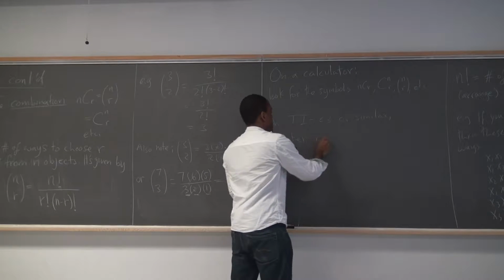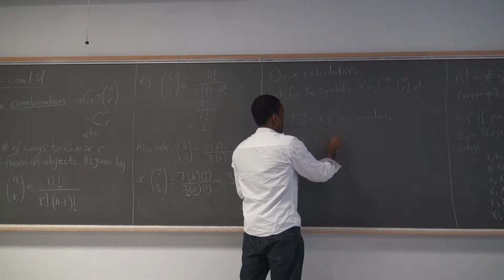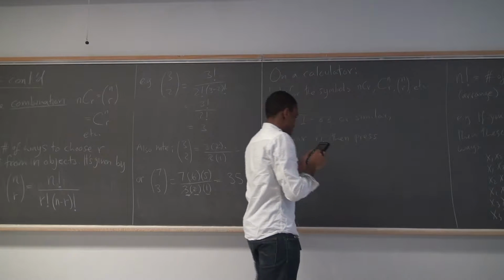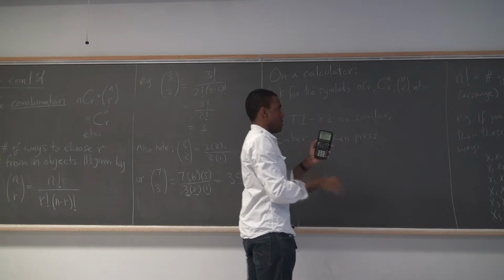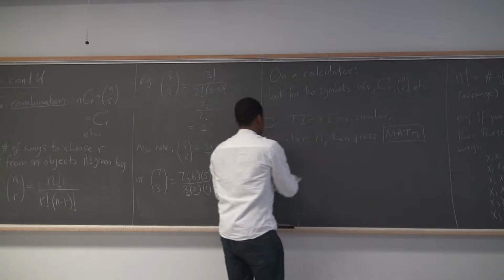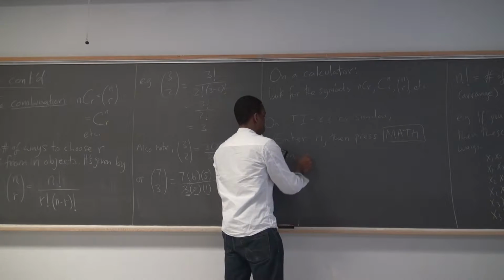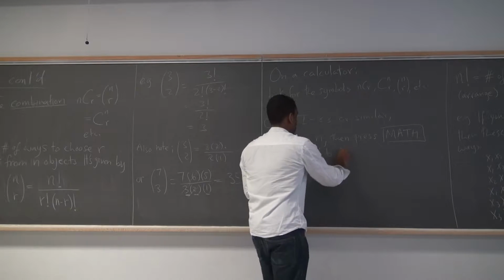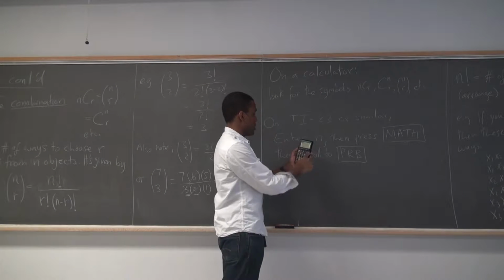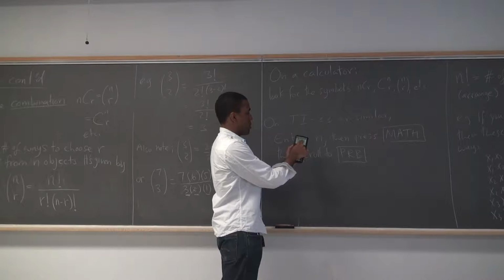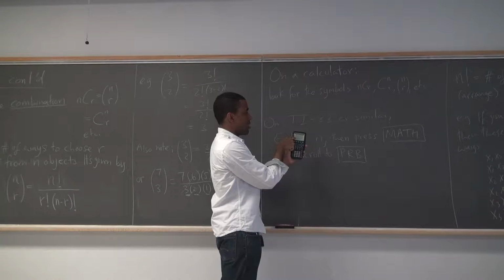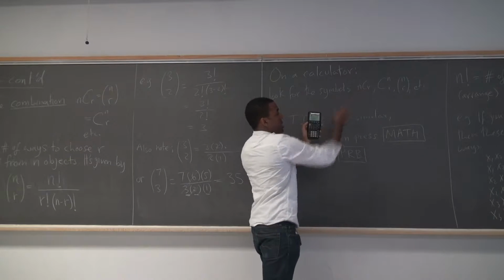Enter n, you'd enter the number n, then press the button here, which is math. Then scroll to PRB, which stands for probability. So functions that are used in probability will often be under here. So at the top you have math, num, complex, probability. You move over to the side to probability, and you'll realize the third choice has this notation, NCR.